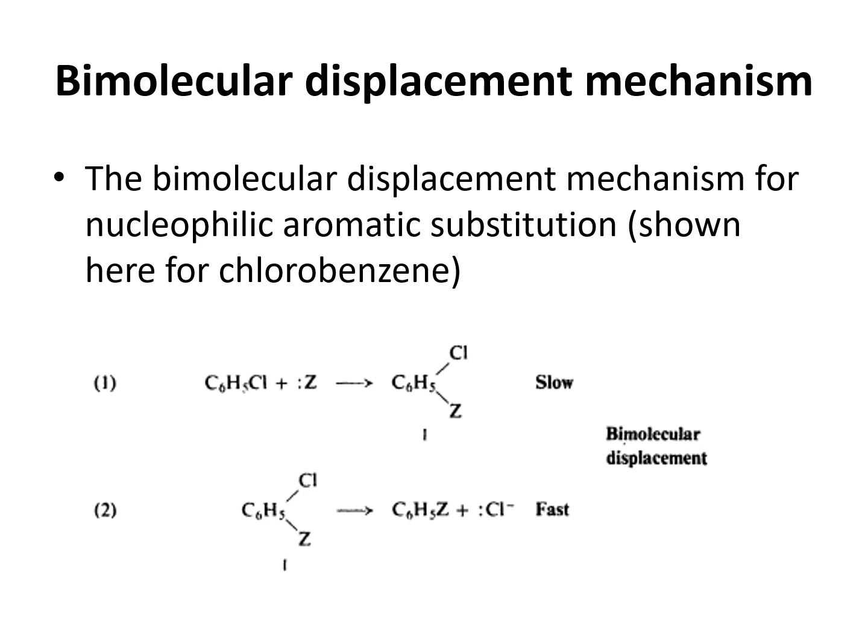So the mechanism of bimolecular displacement reaction. It has two steps. Here the example is shown for chlorobenzene. The first step is a slow step, that is the formation of carbanion 1. The carbanion is formed by the attack of the nucleophile Z minus on chlorobenzene. And once this carbanion is formed, from this carbanion the chlorine leaves as chloride ion and you will get the product C6H5Z.